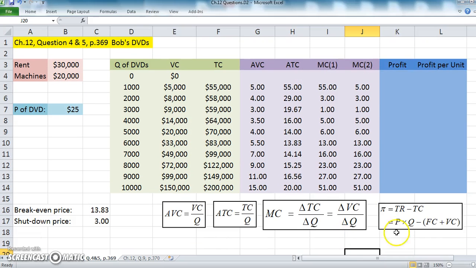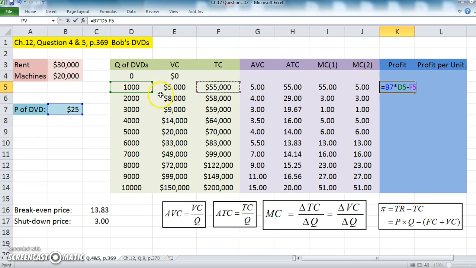Okay. So for our profit calculation, what I'm going to do is take P times Q. I have my price over here, and I'm going to multiply it by whatever the quantity is for that row. And then I'm going to subtract my total cost. Okay.